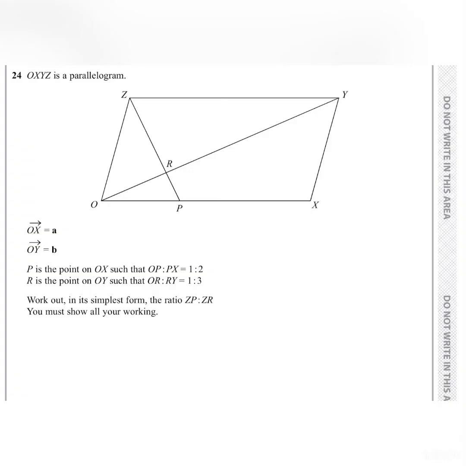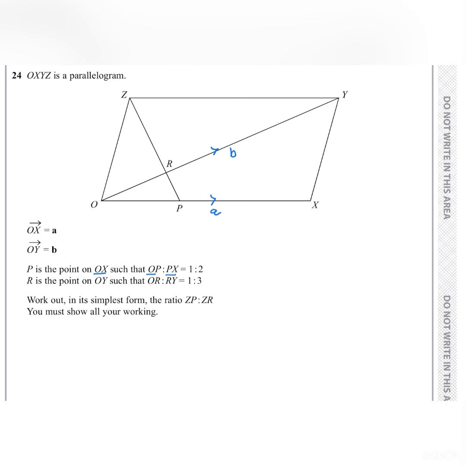Okay, question number 24. It says OXYZ is a parallelogram, and O to X is A, and O to Y going in this direction is B, and P is a point on OX, such that O to P and P to X is 1 to 2.